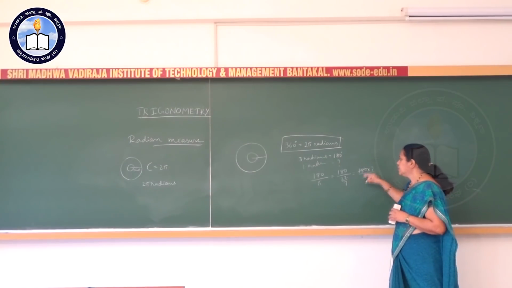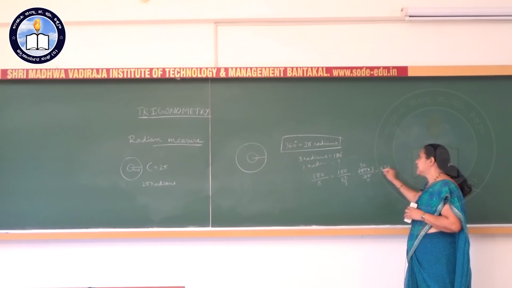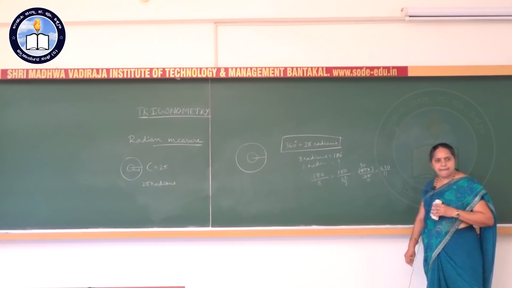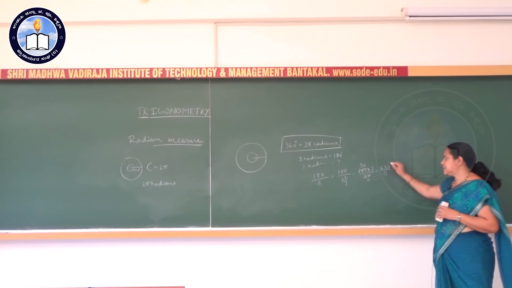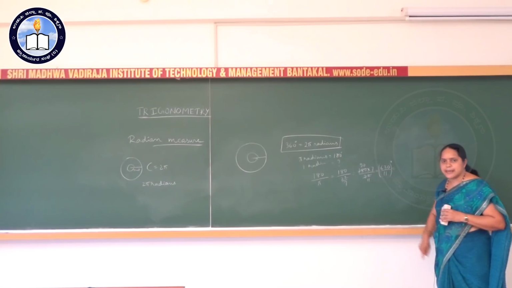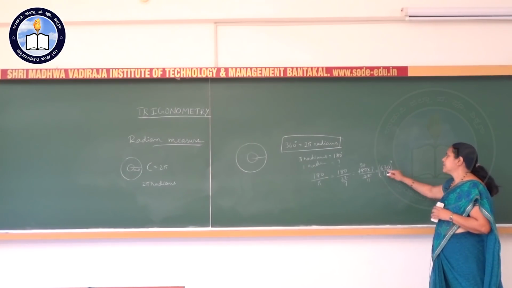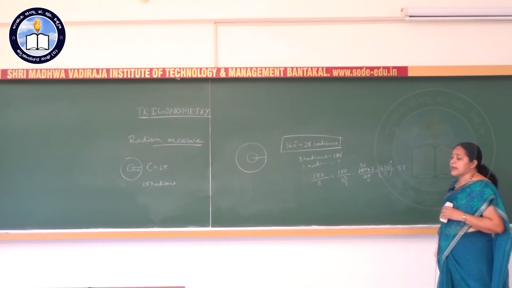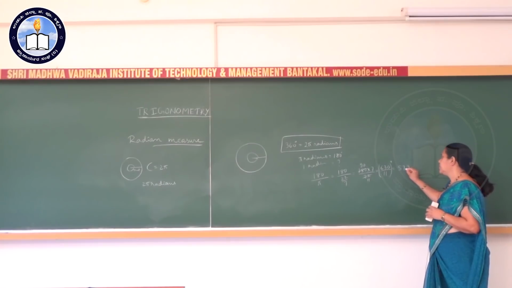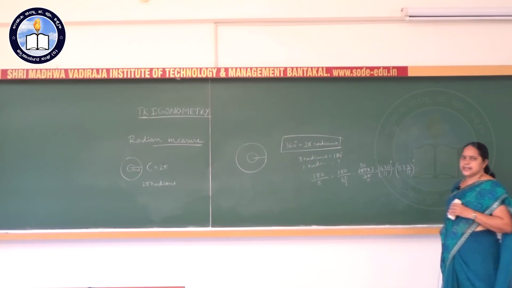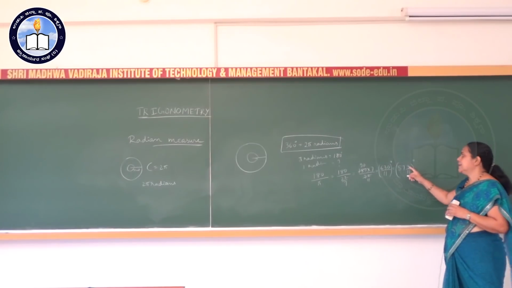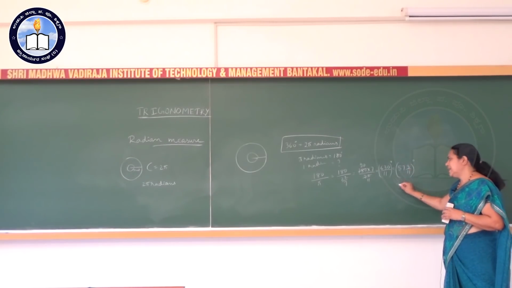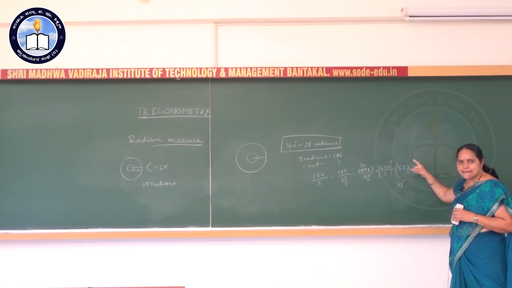That's 11 twos are 2, 90 into 7, 630 divided by 11 degrees. 11 fives are 55, 8 remain, 11 sevens are 77, so it's 57 and 3 by 11 degrees. Now, it's the same as 57 degrees and 3 by 11 degrees.